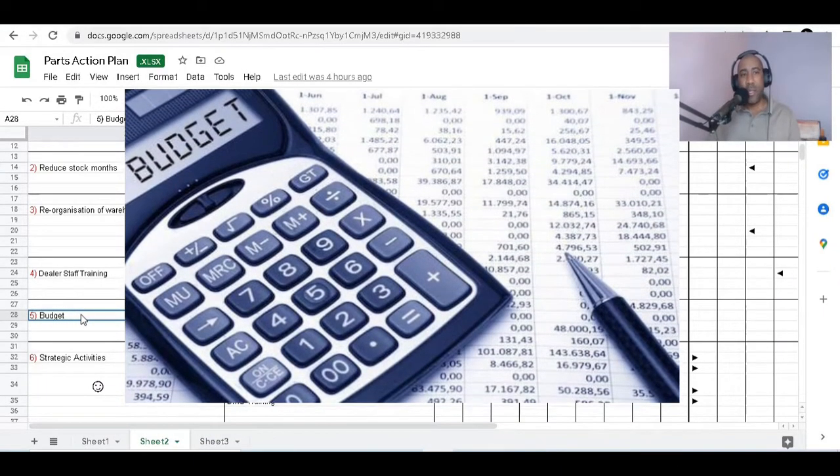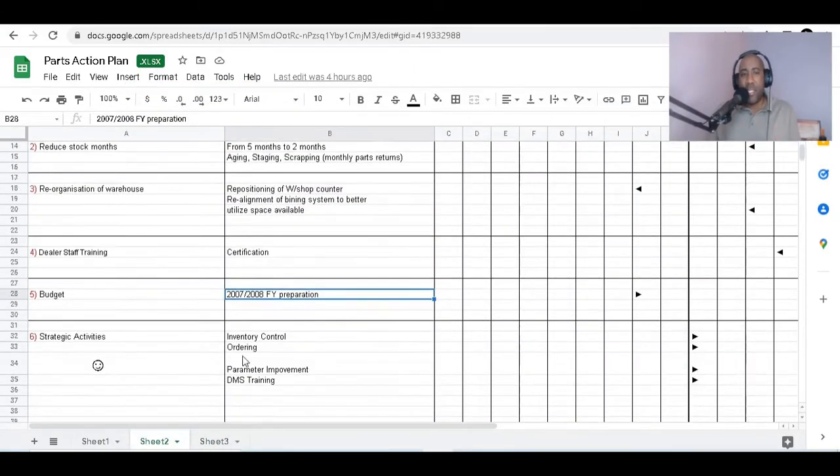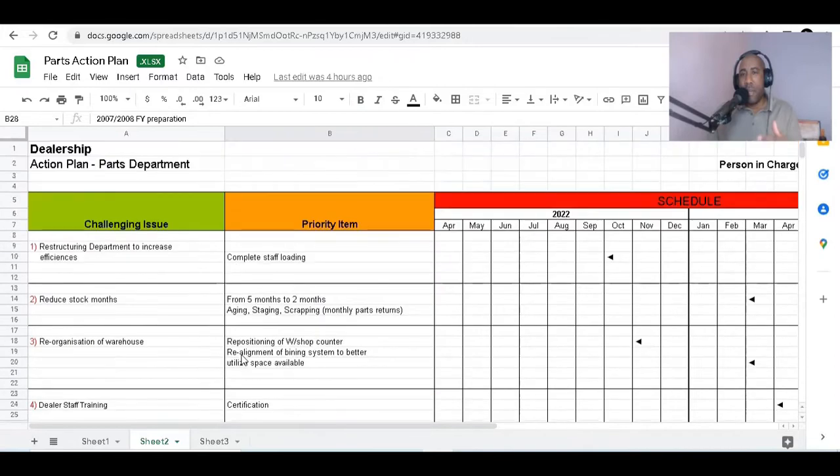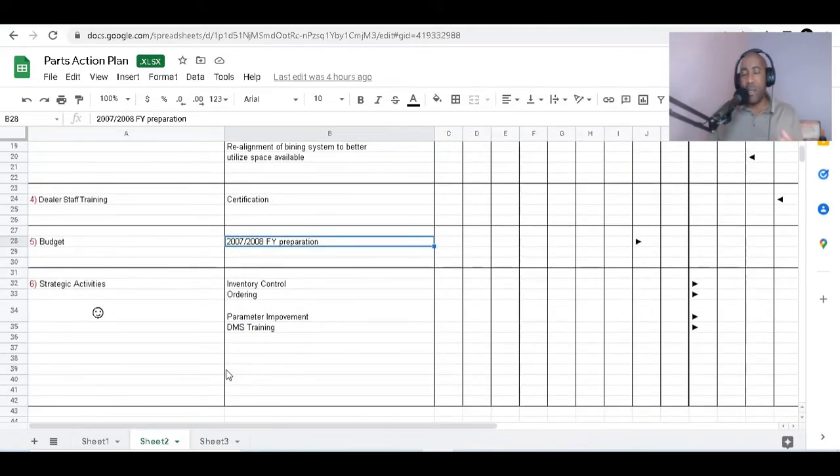Budgeting. This is also another thing that you have to keep. You have to align your budget presentation, what is required from the managing director, from the manufacturer themselves, if you are owned by a manufacturer. And I spoke to that in my just concluded episode about a lot of manufacturers owning dealerships. So they will also set the parameters for what they require of you in terms of sales and in terms of marketing and in terms of what is expected to hit those figures as well.